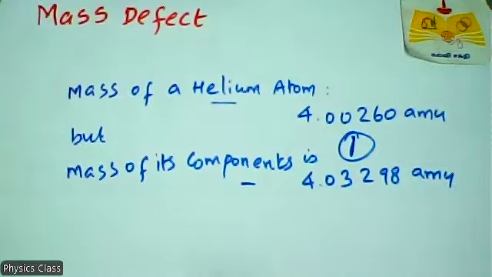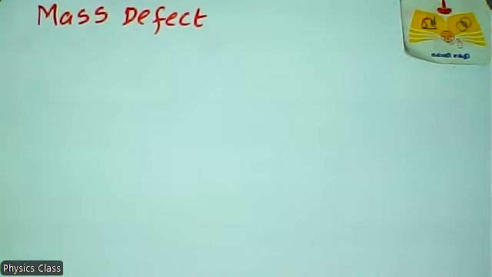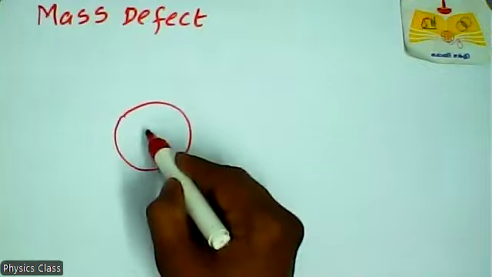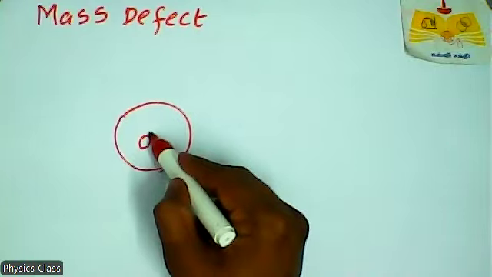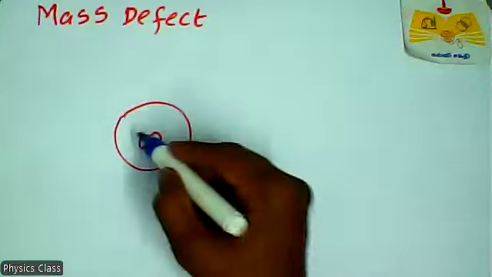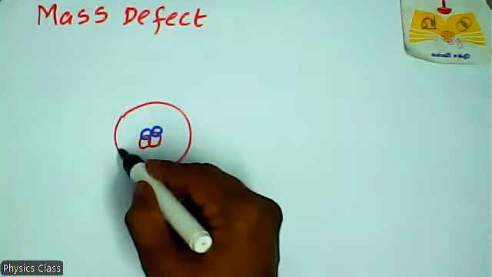So this is an atom, helium. Here the nucleus has two protons and two neutrons, and two electrons revolve around the nucleus.